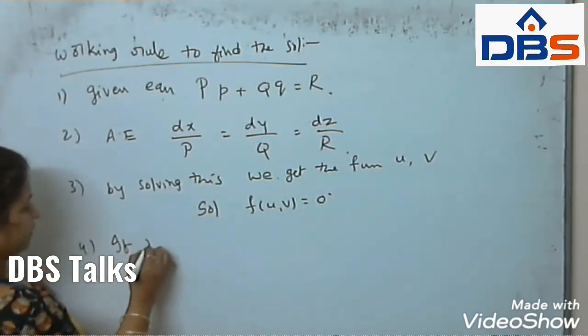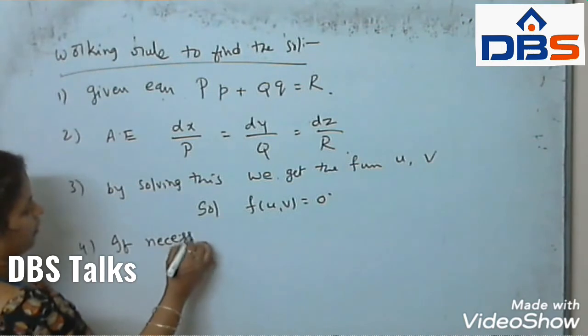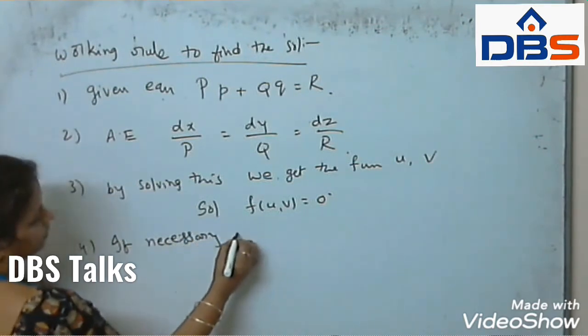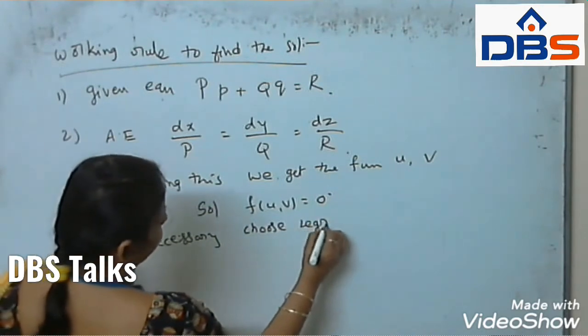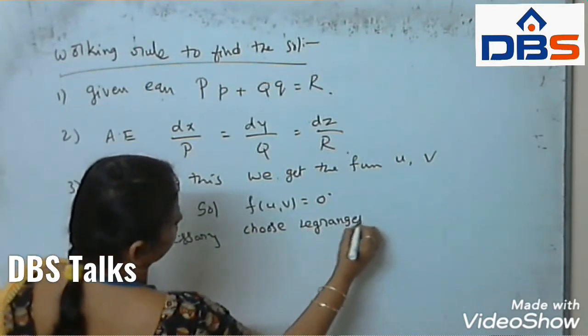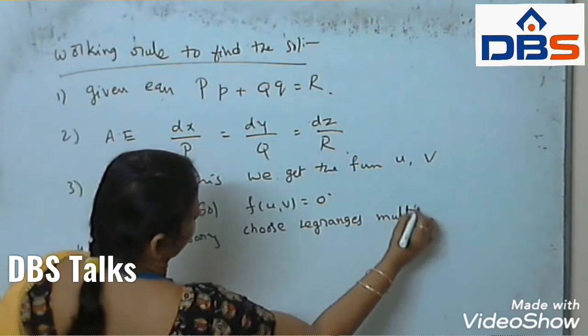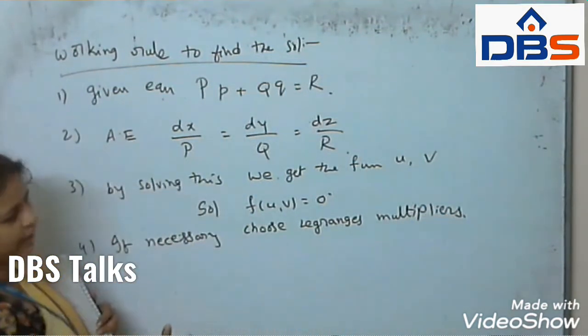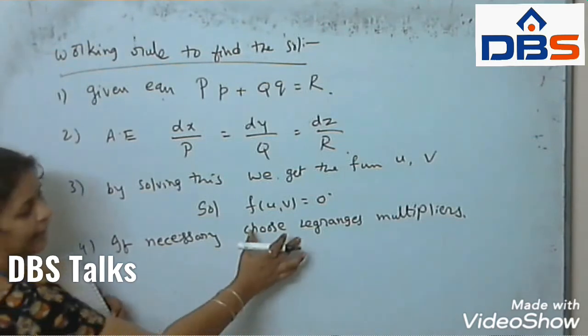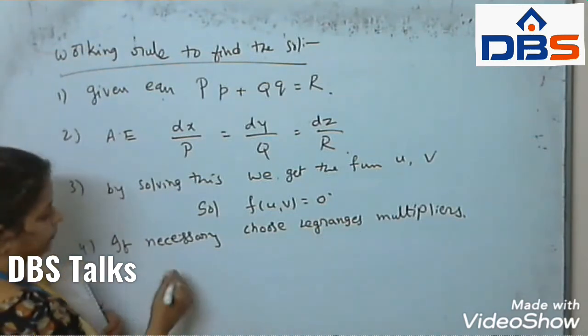If necessary, choose Lagrange's multipliers. In some cases, we can't find u and v directly, so you have to use Lagrange's multipliers in that case.